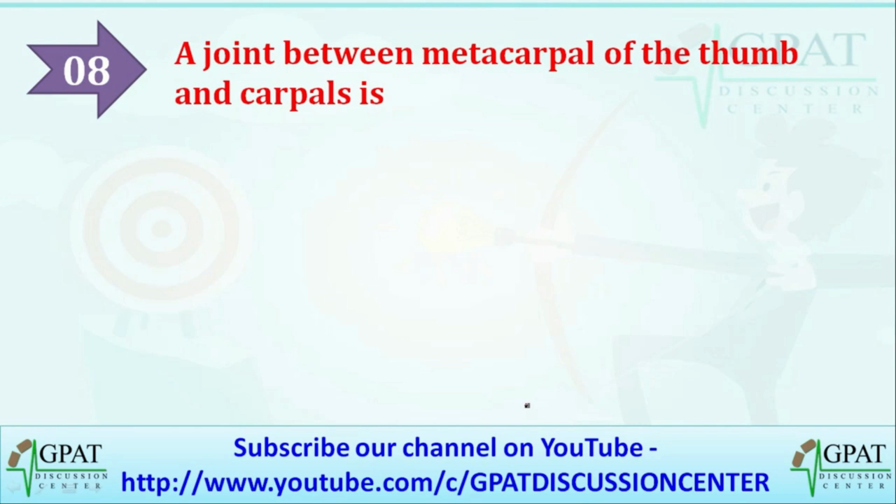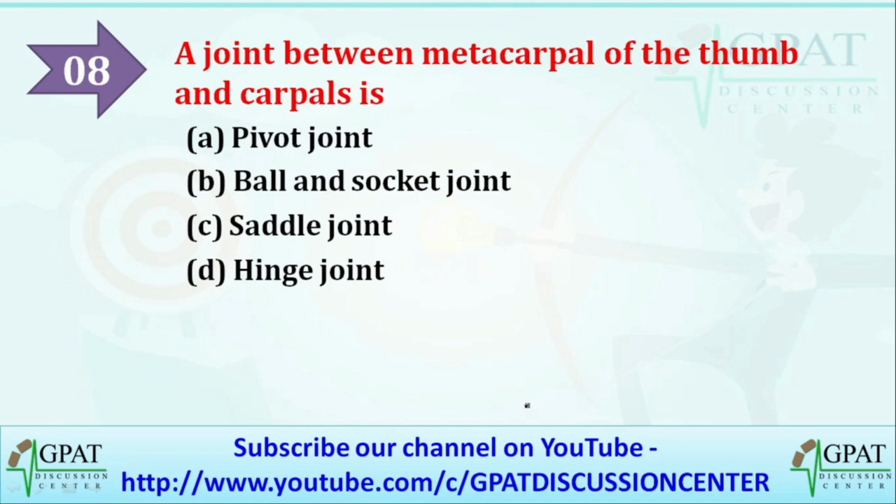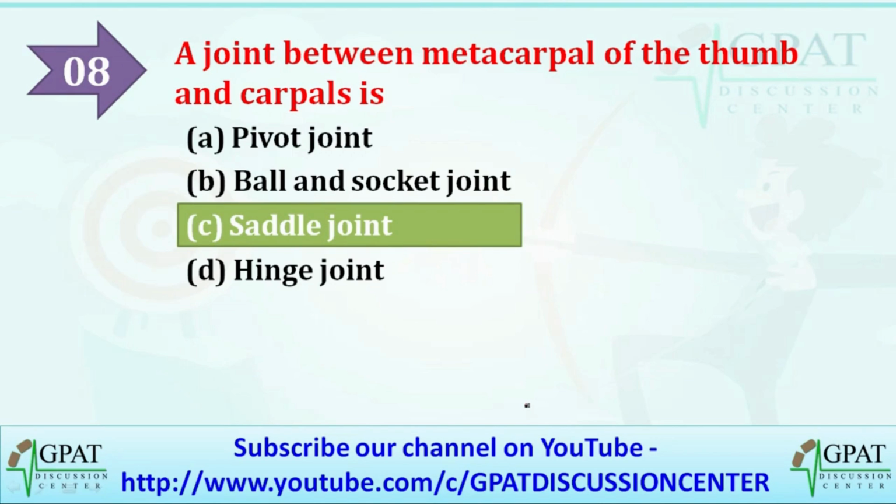A joint between the metacarpal of the thumb and carpals is, and the options are: option A pivot joint, option B ball and socket joint, option C saddle joint, option D hinge joint. The correct answer is option C, saddle joint.